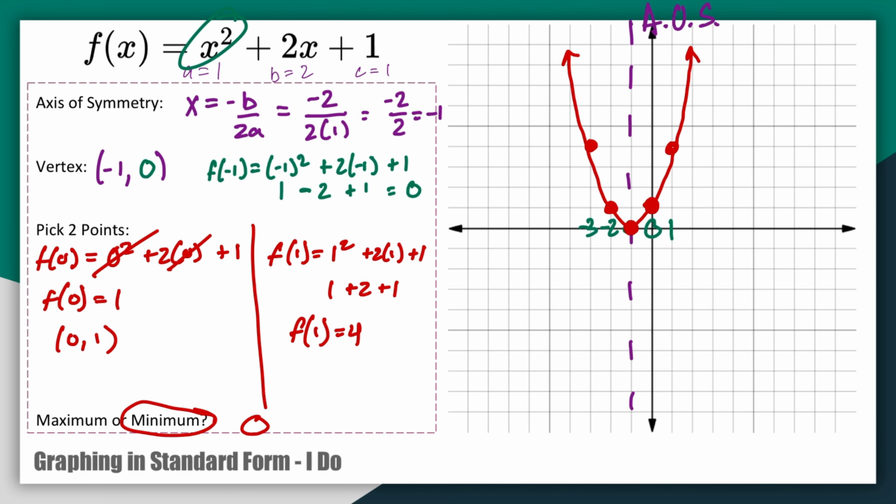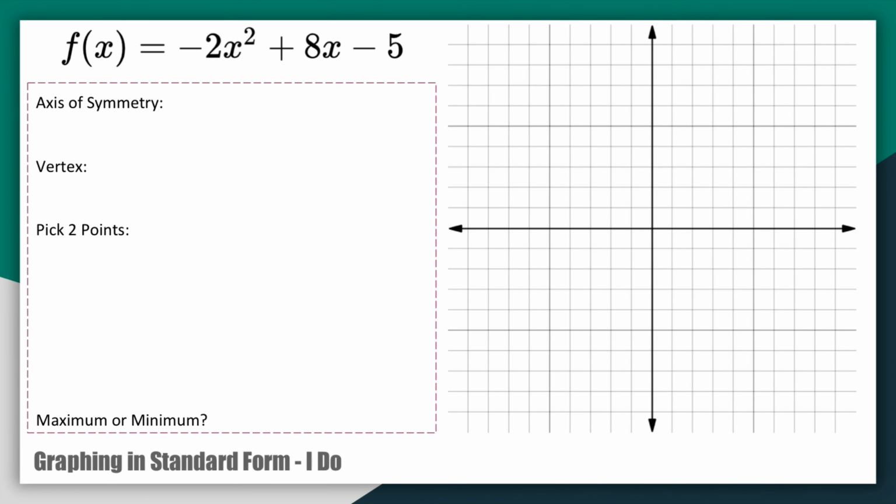Okay. Let's do another one, but let's do one where there's an actual a value. So here we have f of x is equal to negative 2x squared plus 8x minus 5. And I'm going to do this one a little bit quicker. Identify right off the bat, they're in order: a is negative 2, b is 8, c is negative 5.